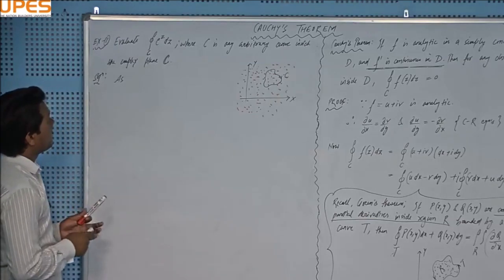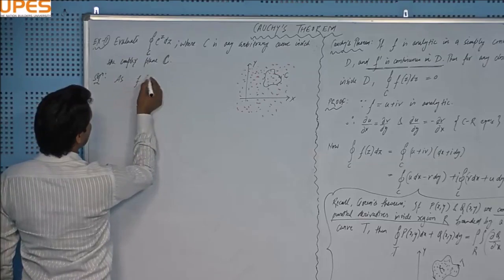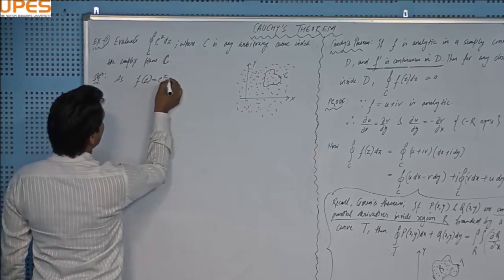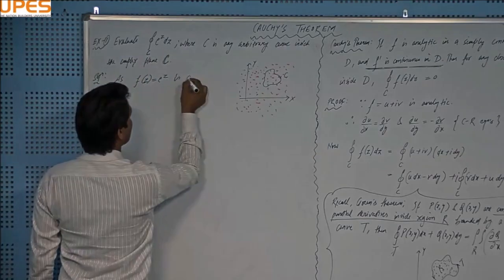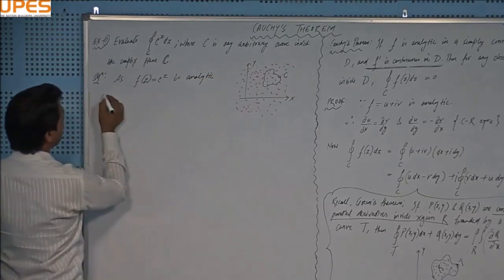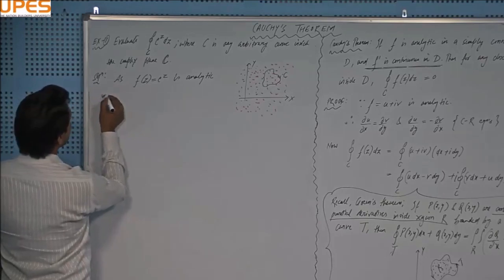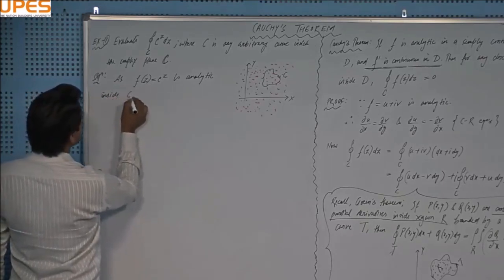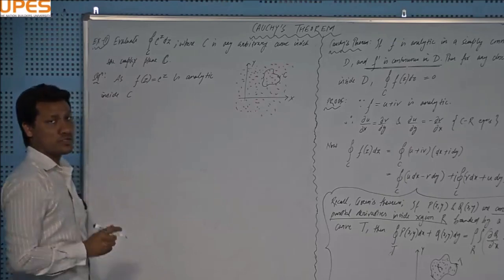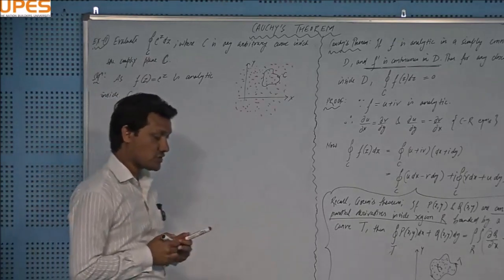Okay, so as you can see, this function f(z) equal to e to the power z is analytic inside C. Obviously e to the power z is an analytic function. You can check it by using CR equations.